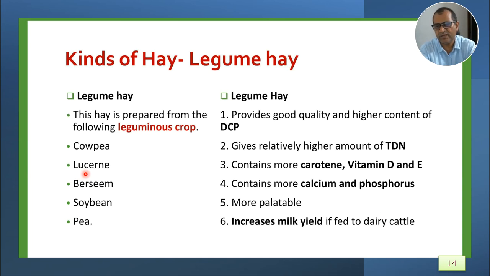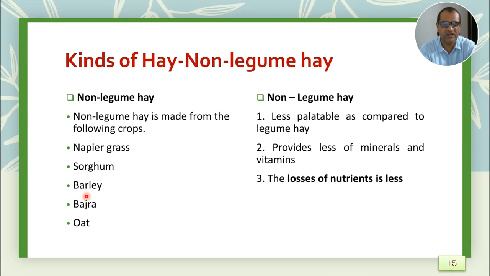Of course, lucerne gives a very low yield, whereas berseem and others may give more and more. Then the kinds of hay, non-leguminous: the common ones are especially napier grass, sorghum, barley, bajra, oat, paddy, ragi and many more.